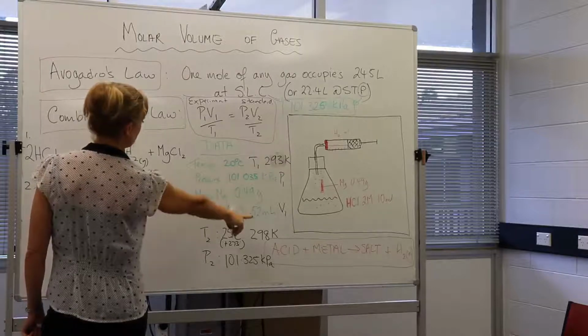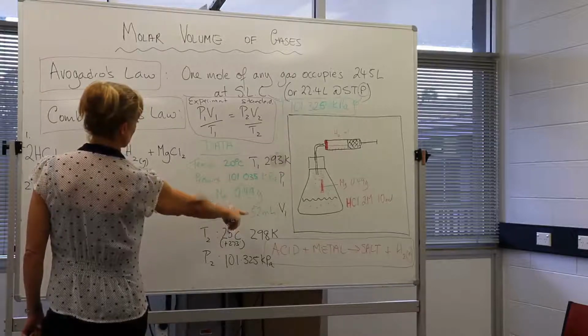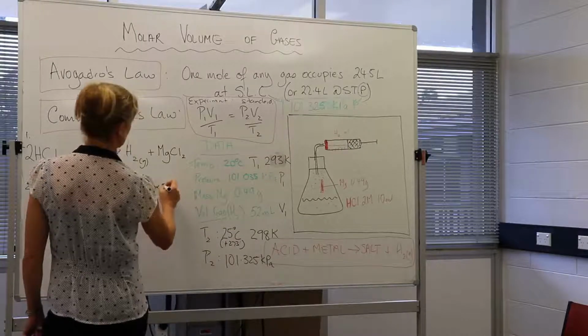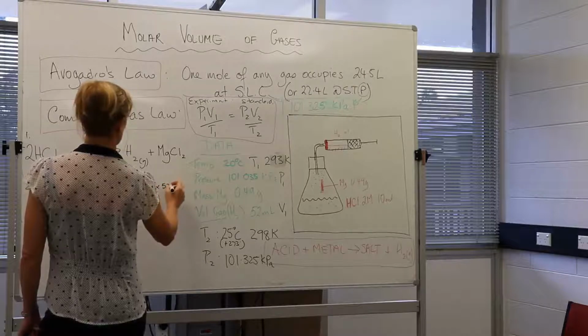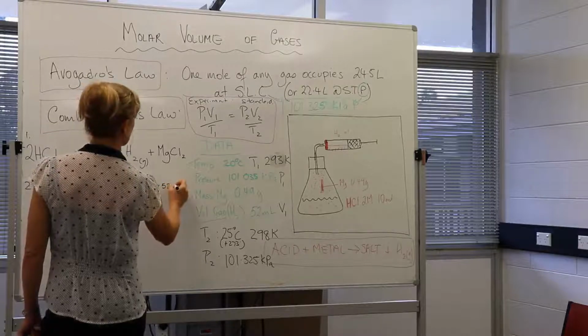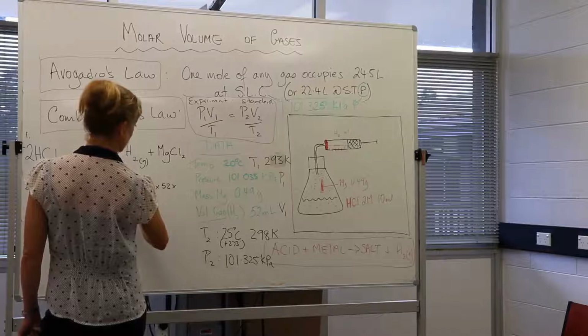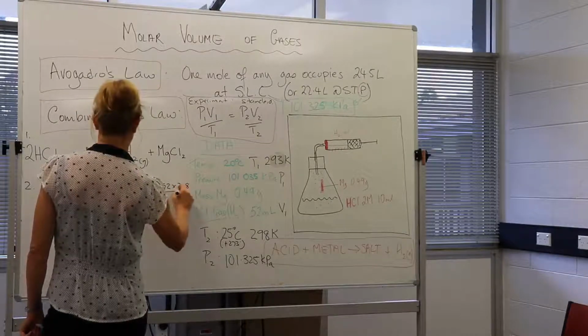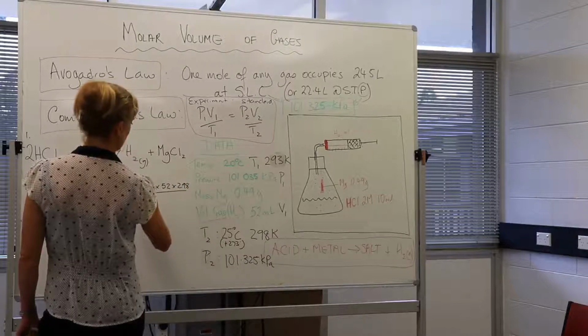You can leave this in mils or you can change it to litres. I might just leave it in mils. Your answer is going to be in mils. Times T2, over T1.